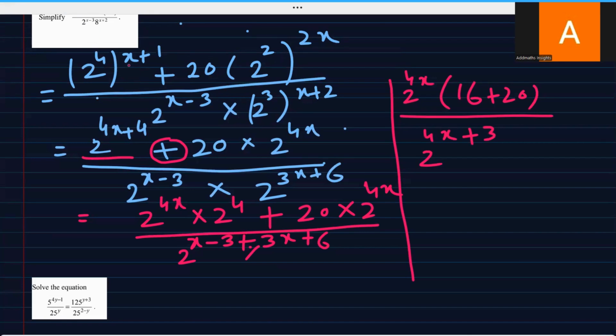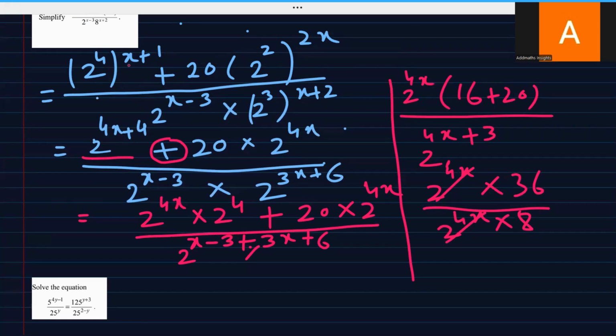And again, you can split it into two parts. 16 plus 20 becomes 36. You can break it into two parts and write 2 raised to the power 4x times 2 cube, which is 8. Then you simplify and your final answer is 36 by 8. You can further simplify 36 and 8, and the answer is 9 by 4.